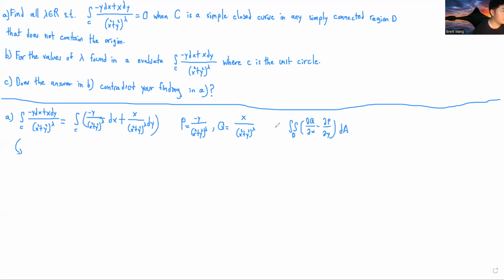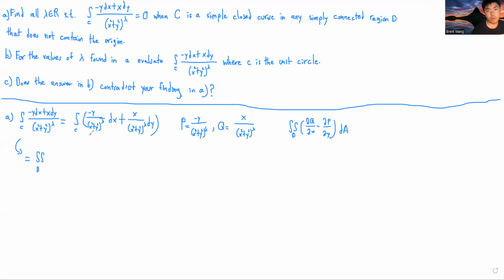So keeping this formula in mind, the value of this integral is equal to, remember, D is any simply connected region, and you might get confused at first, but it really doesn't matter what this region D looks like as long as it doesn't contain the origin.